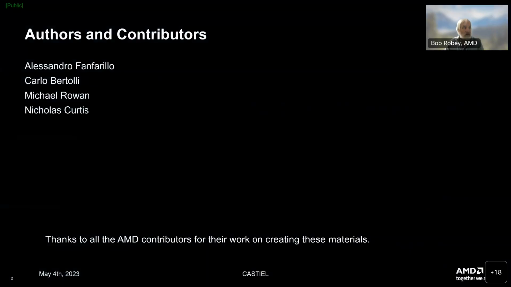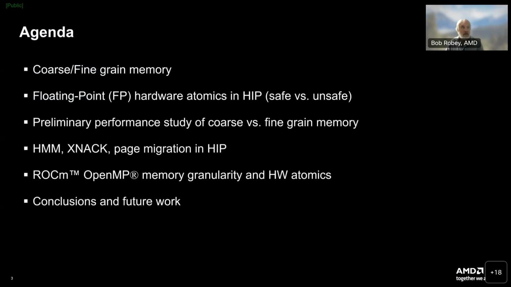There have been several people who have contributed to this talk. I've reorganized it to try to make it a little easier to grasp. So I'm going to go over coarse and fine-grained memory, and atomics.